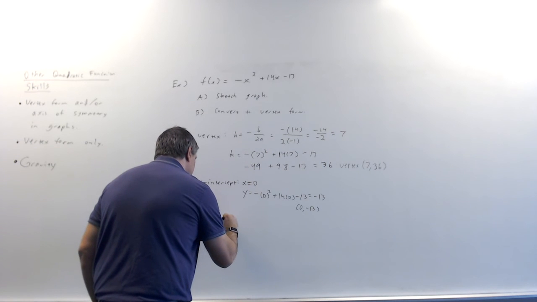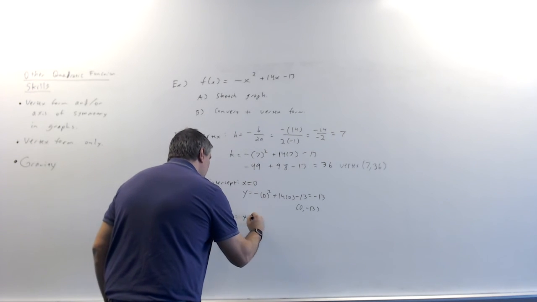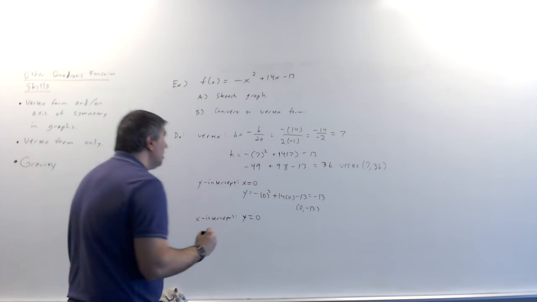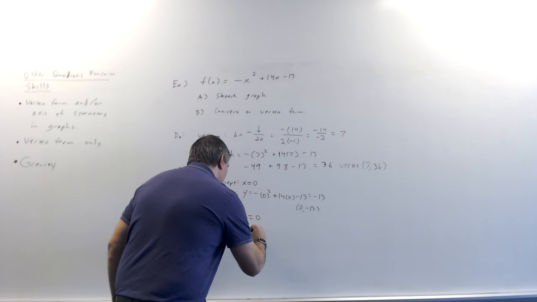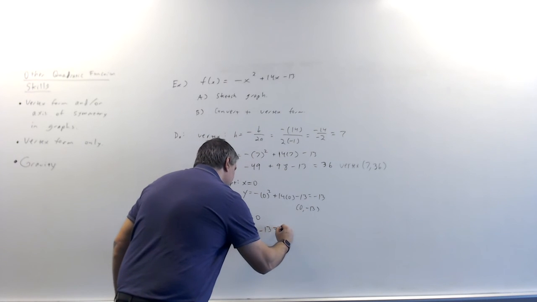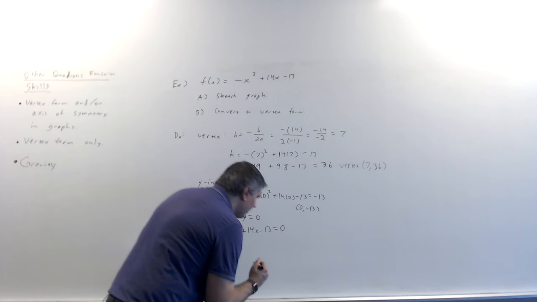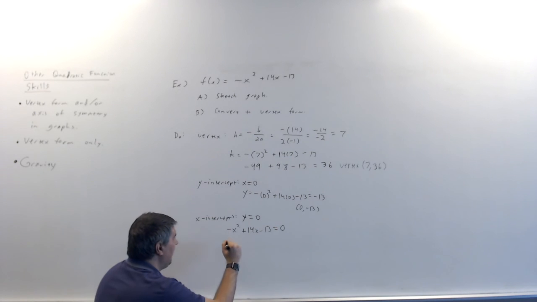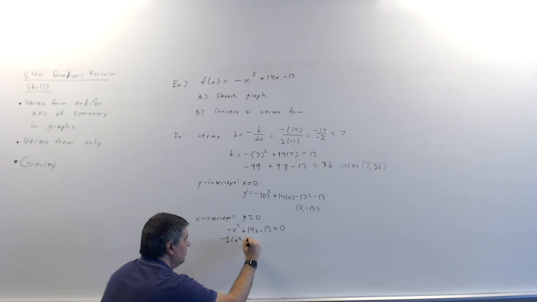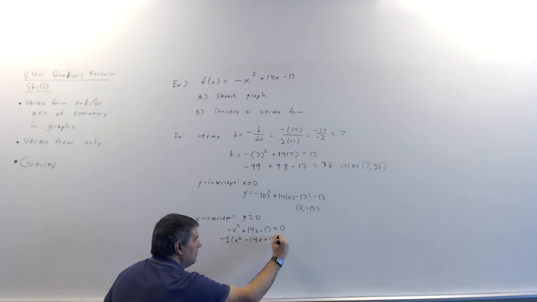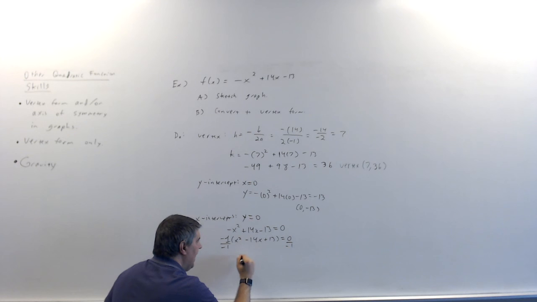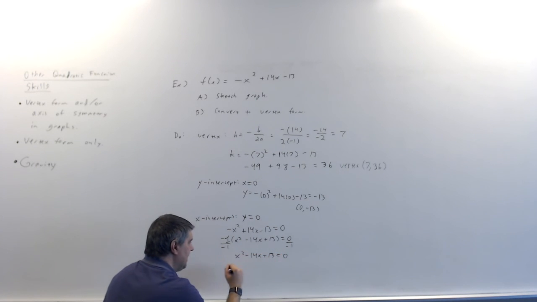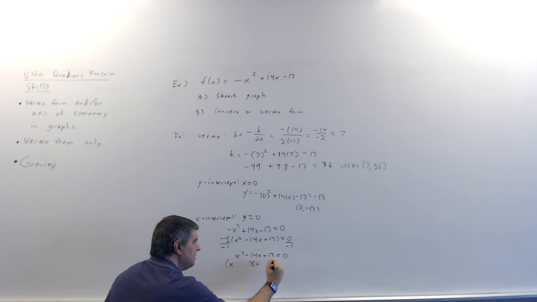X-intercepts. This is where y equals 0. So we have -x squared plus 14x minus 13 equals 0. Factor out that -1 and divide it off. x squared minus 14x plus 13 is 0. x and x.